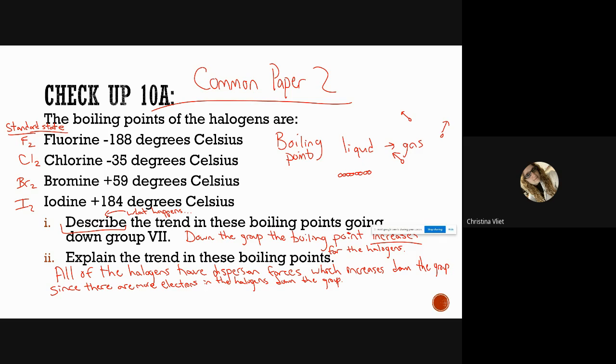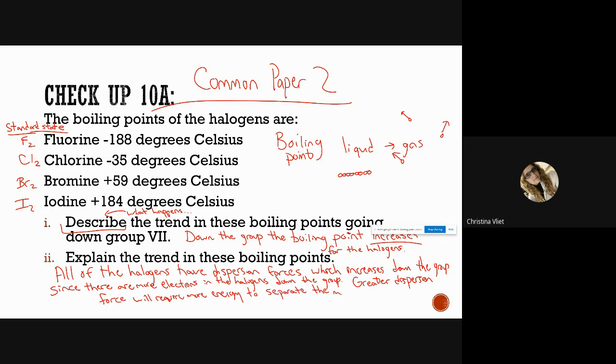So then would it make sense that as there are more electrons and there are greater dispersion forces, their force of attraction is stronger? A greater force of attraction, a greater dispersion force, will require more energy to separate the molecules.